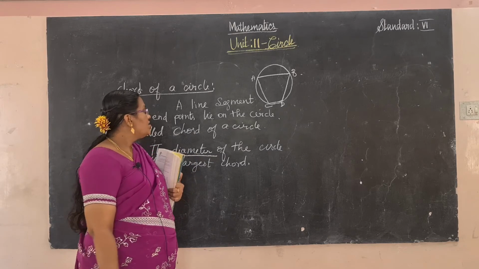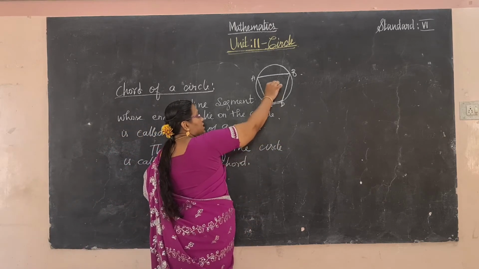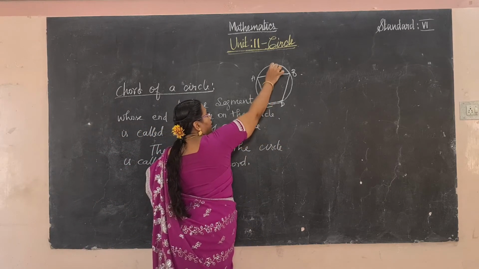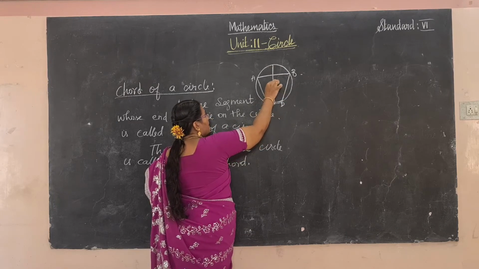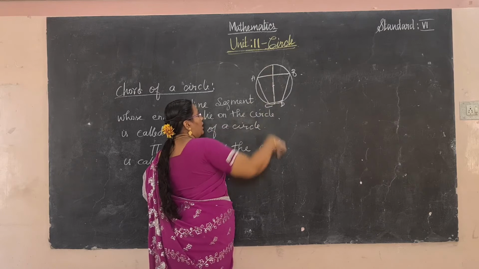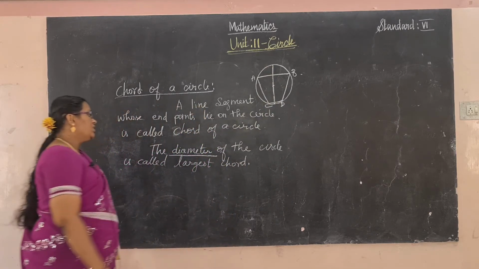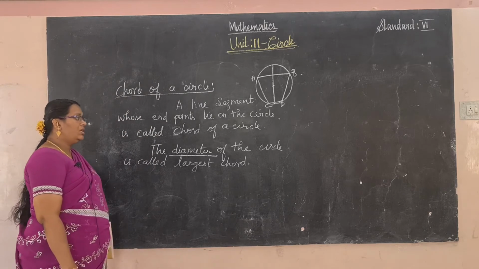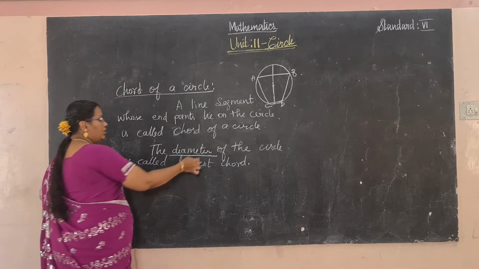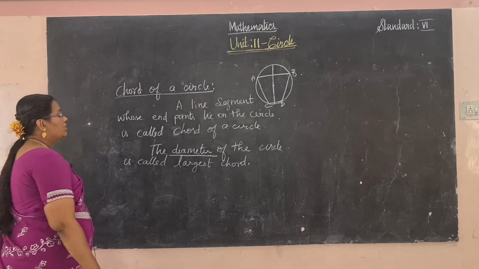Only the diameter passes through the center, and compared with other chords it is the largest chord. So the diameter is called the largest chord of the circle.